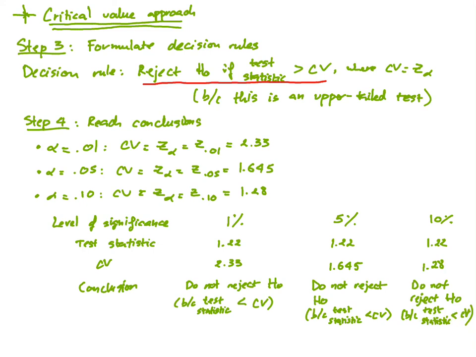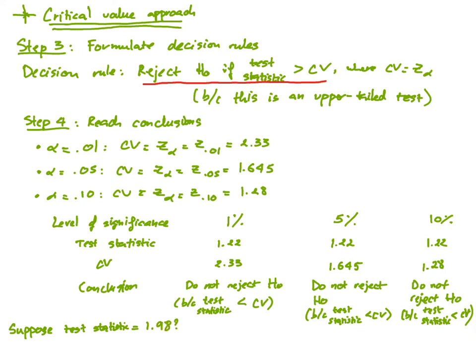Now, for the sake of argument, let's think of the following situation. Suppose our test statistic is equal to, and I'm going to make up a number here, whatever, 1.98. Okay.